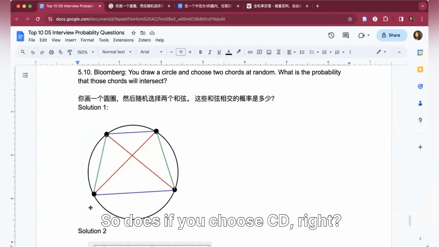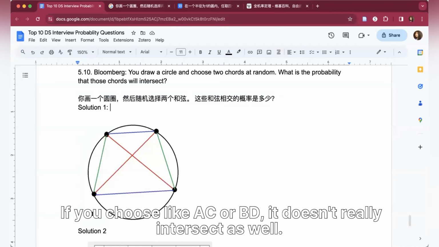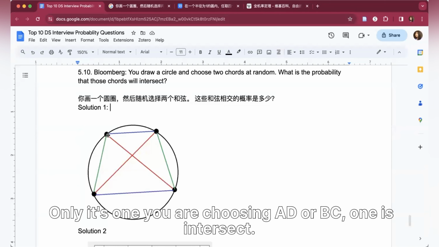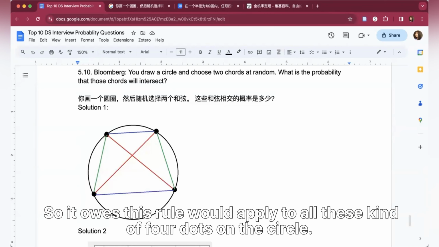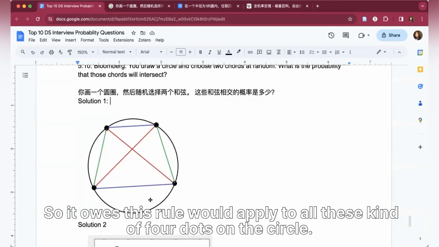So does if you choose CD, right? If you choose AC or BD, it doesn't really intersect as well. Only when you are choosing AD or BC do they intersect. So this rule would apply to all these kinds of four dots on the circle.